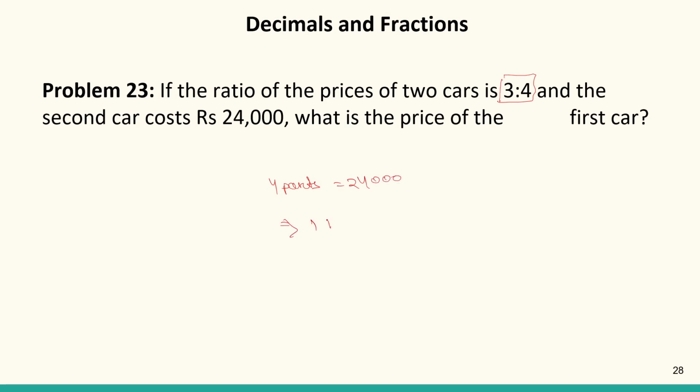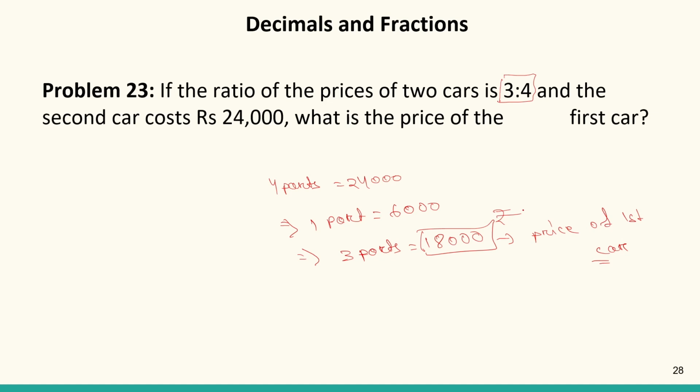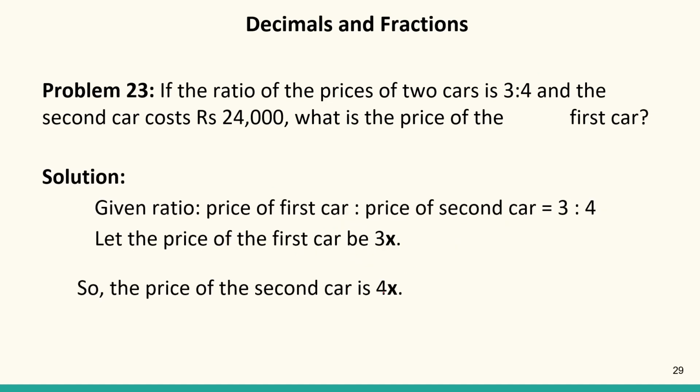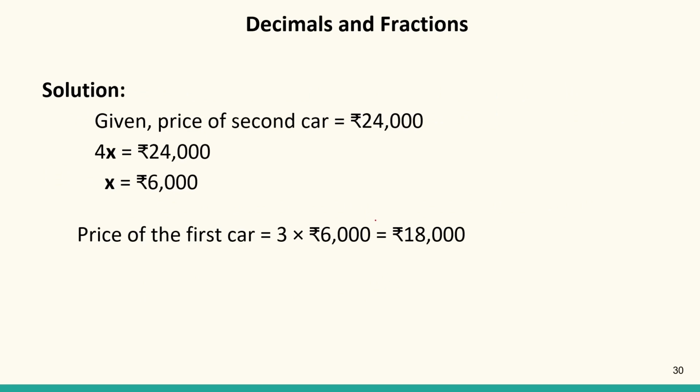So this implies that one part is equal to 6,000. So this implies that 3 parts is equal to 18,000. So the price of the first car costs this much amount of rupees. Okay, so let's see the answer. So this is the answer.